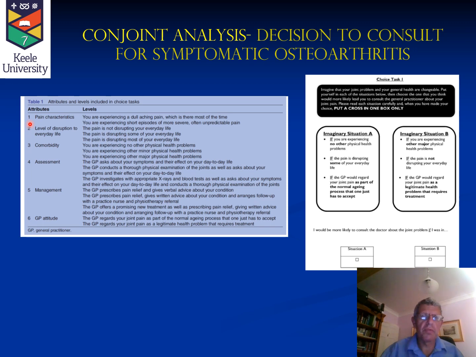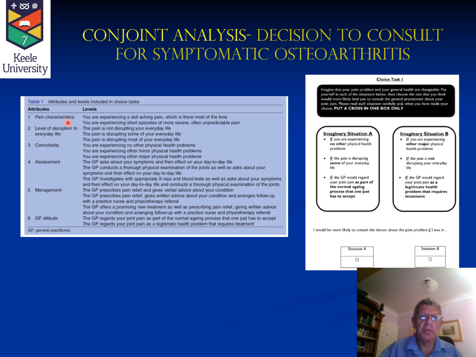So, for example, with regard to pain, it could be you're experiencing a dull pain, which is there most of the time, or you're experiencing short episodes of more severe, often unpredictable pain. So you can see for each of these attributes and the levels, you might decide to consult or not consult a GP.